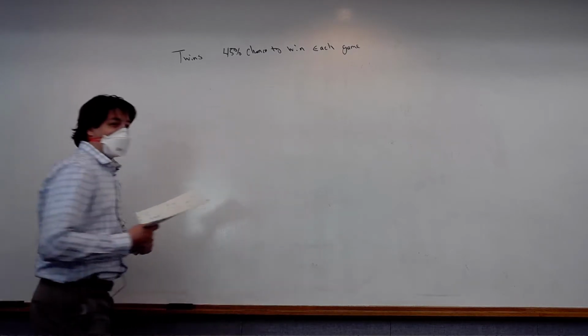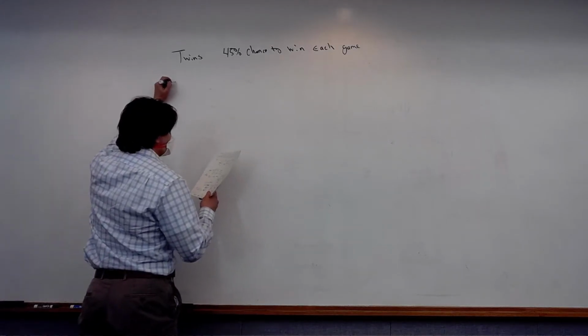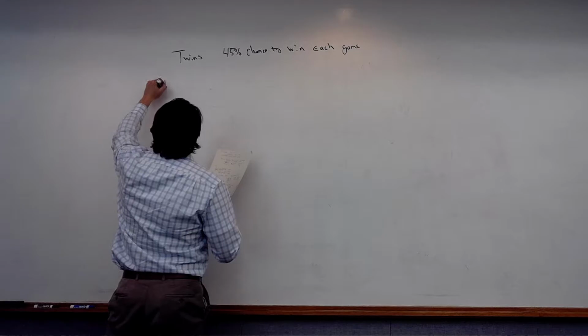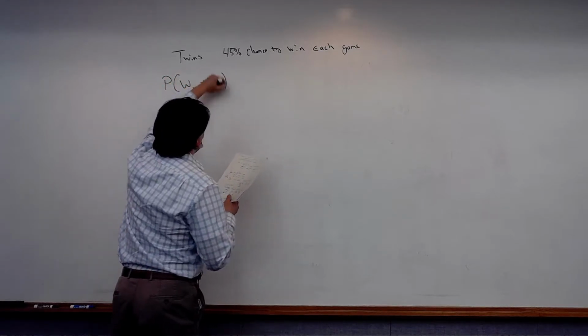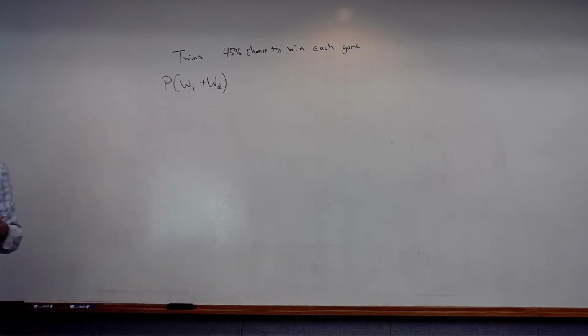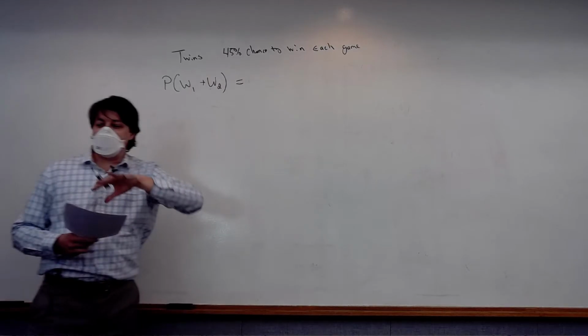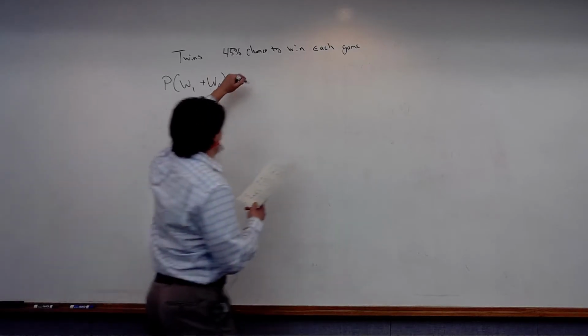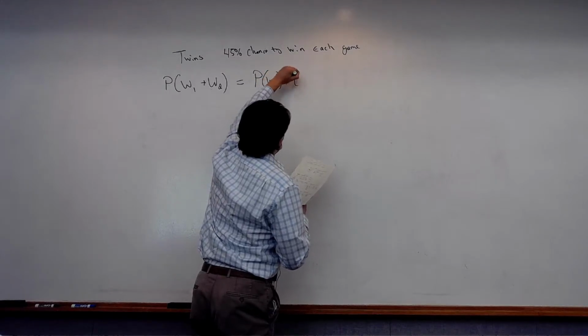And so if we care about them winning, they need to go 2-0. What's the probability of winning the first game and winning the second game? Well, independence means we can just jump to the special rule. Probability of win 1, probability of win 2.